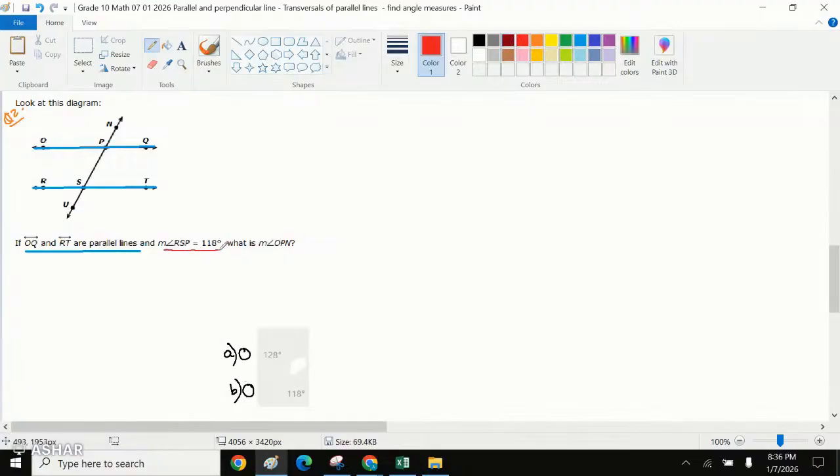Then RSP, R, S, and P. This angle, if this is 118, then the angle OPN should be, what should it be? Can anyone give me the answer? I'm waiting.